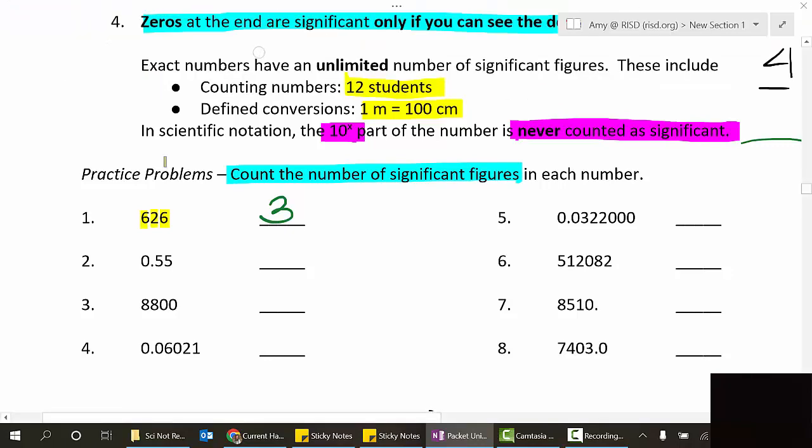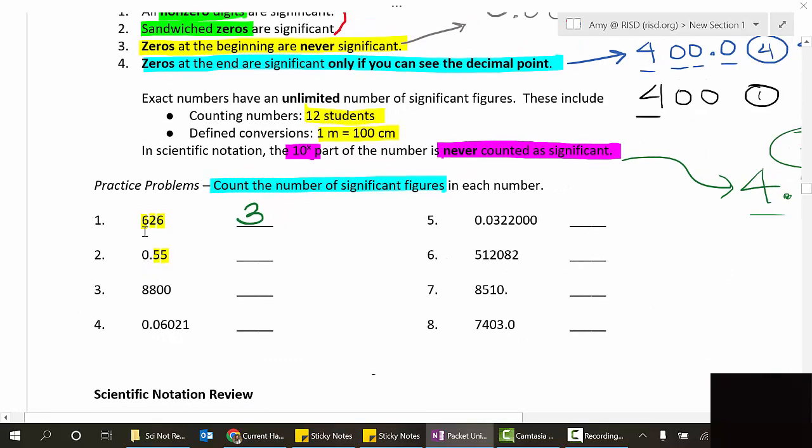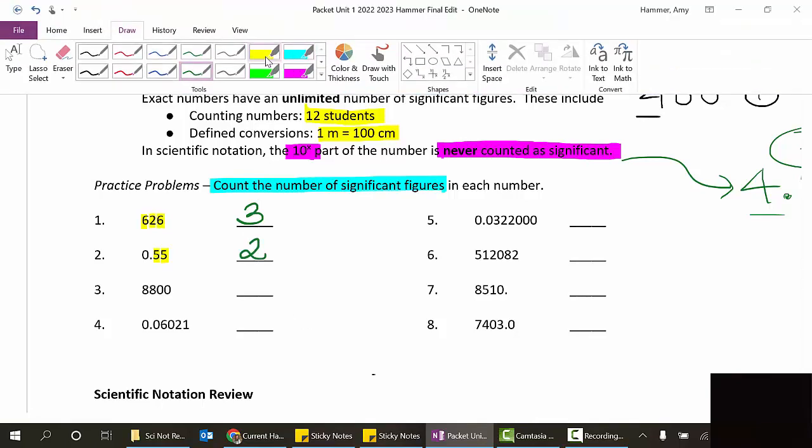Moving on. Number 2, the number 0.55. Well, the 5 and the 5 definitely count. This 0 is at the beginning of a number, and what did Rule 3 say? Rule 3 says zeros at the beginning are never significant, so I'm not going to count it as significant. So my answer is 2. The 5 and the 5 are my significant figures.